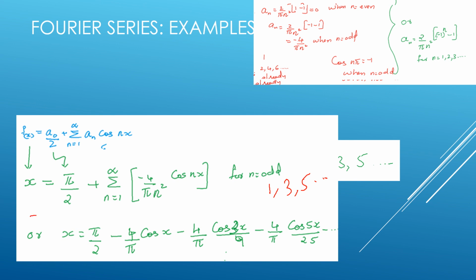So the Fourier expansion is pi by 2 plus sigma n equal to 1 to infinity, minus 4 by pi n square cos nx, for odd values of n only. For even, there's nothing, 0. Or you can expand by plugging in the values 1, 3, 5, etc.